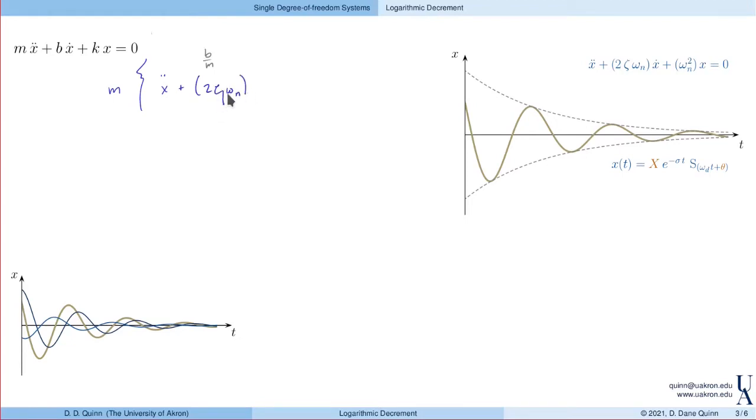So we're going to use the damping ratio and natural frequency here. And then omega n squared times x is equal to 0. Of course, omega n squared is just k over m. This will be our standard form that we'll use. And the reason that we really focus on this is because the response is determined entirely by zeta and omega n.